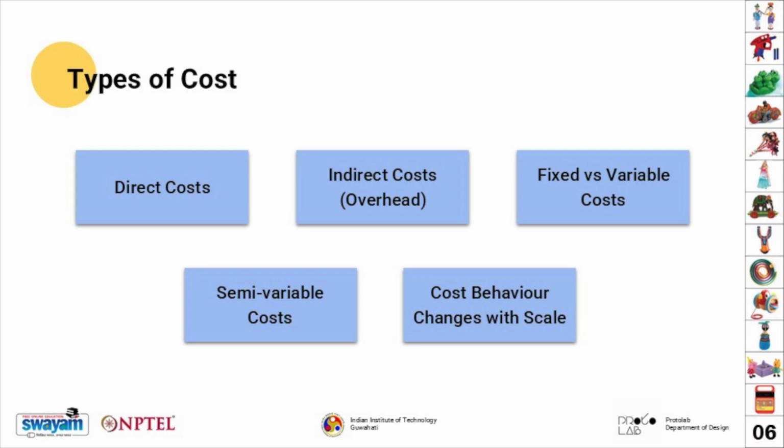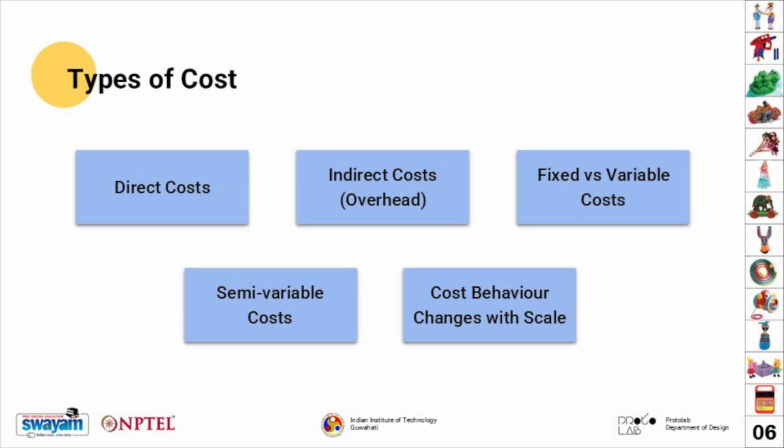Direct costs can be traced directly to a specific toy unit. Indirect costs cannot. We also classify costs by behavior. Some costs remain fixed regardless of production volume, like rent or machine depreciation. Others vary directly with units produced, like plastic, resin, or packaging.